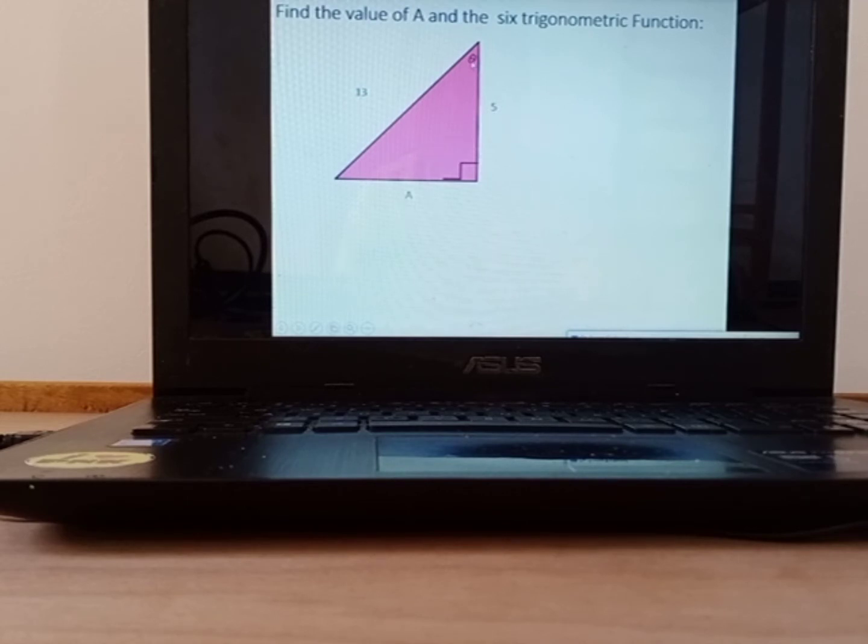If this is our angle theta, our opposite side is a, which is missing. So we will have to find the measure of our opposite side. And beside our angle theta is 5. Therefore, this is our adjacent. So the measure of our adjacent side is 5. And our hypotenuse is equal to 13.